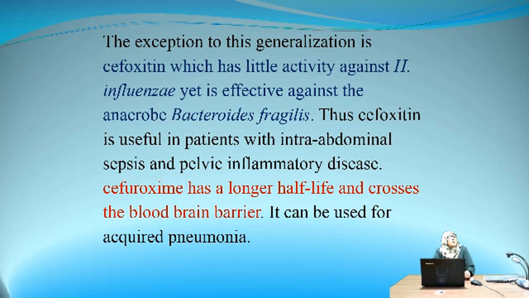The exception to this generalization is cefoxitin, which has little activity against H. influenzae, yet is effective against the anaerobe Bacteroides fragilis. Thus, cefoxitin is useful in patients with intra-abdominal sepsis and pelvic inflammatory disease, while cefuroxime has a longer half-life and crosses the blood-brain barrier.